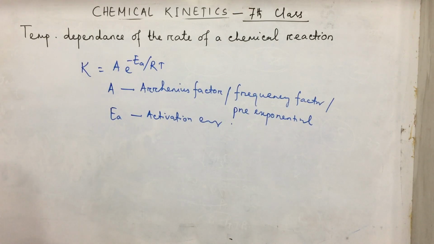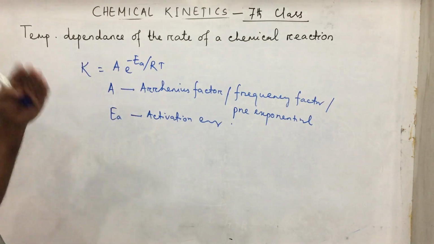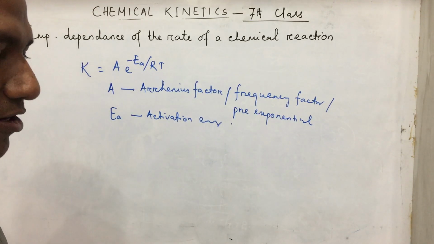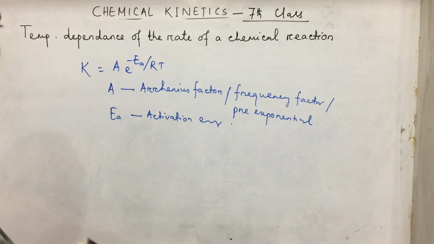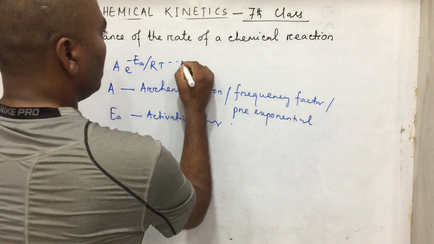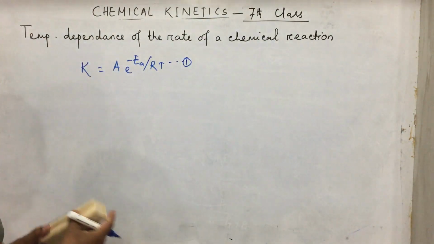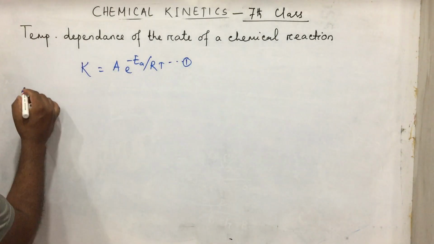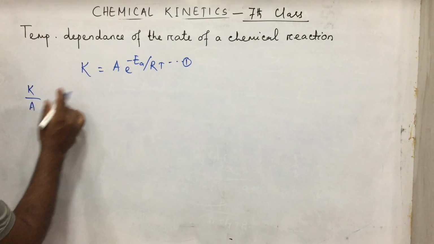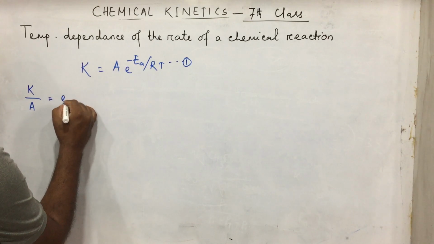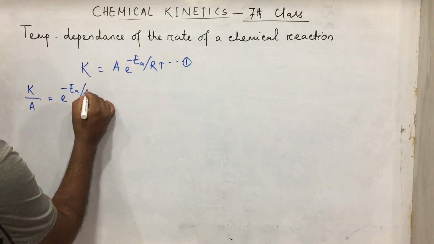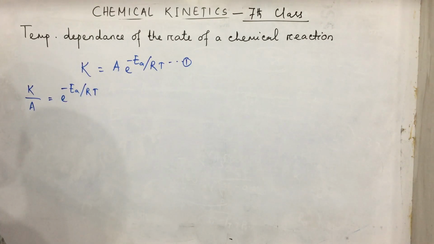Here you see the equation is given in exponential form. Since we don't do exponential calculations directly, we will convert it into ln and logarithm form. Let's suppose this is equation 1. Now we can write k by A equals e to the power minus Ea by RT.